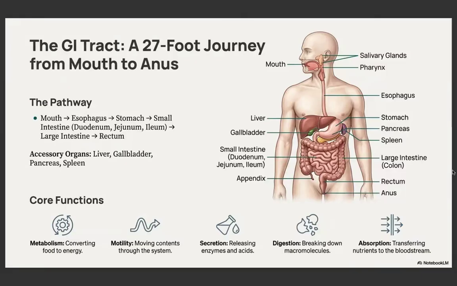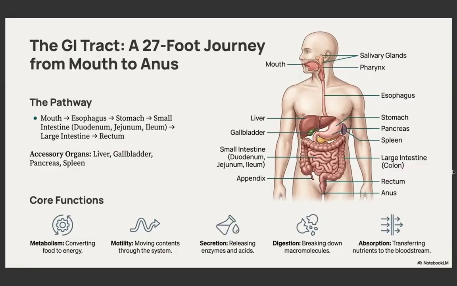So this is going back to that metabolism, absorption, all of that stuff, right? When we're talking about the pathway of our GI tract, it's starting in the mouth, then we're going to the esophagus, the stomach, the small intestines, and then you go through the 3 portions of the small intestines. After that, you hit the large intestine.